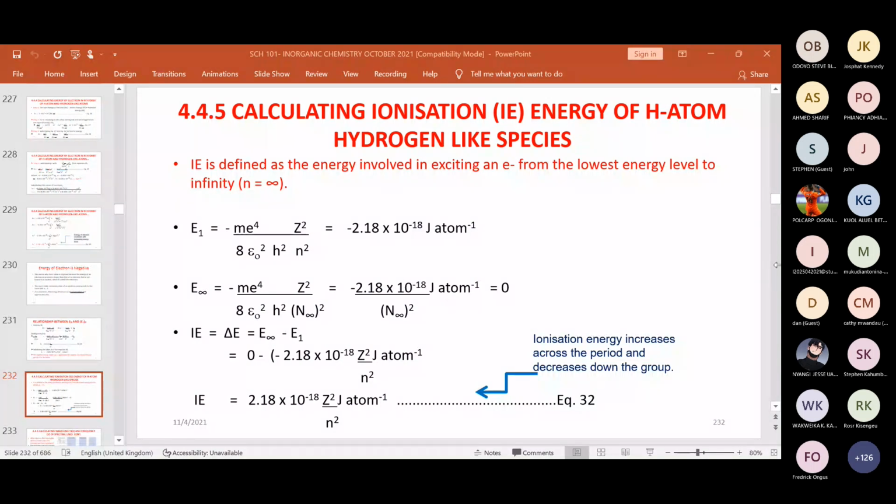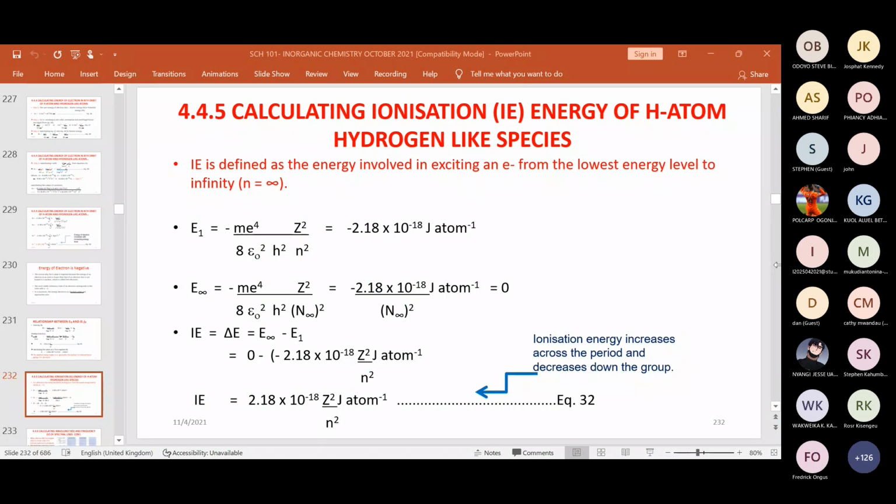So we are connecting this to the influence of the nucleus on the electron. As the electron moves away from the nucleus, its energy increases. It increases in terms of becoming more and more positive, or becoming less and less negative.